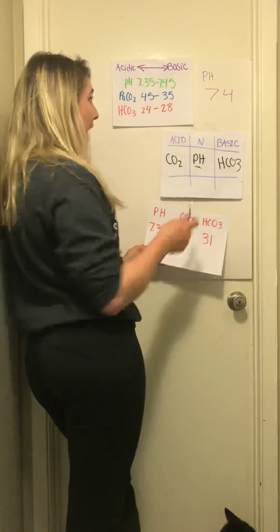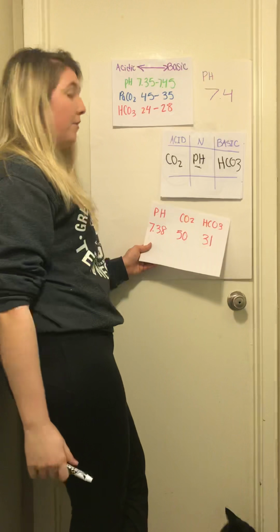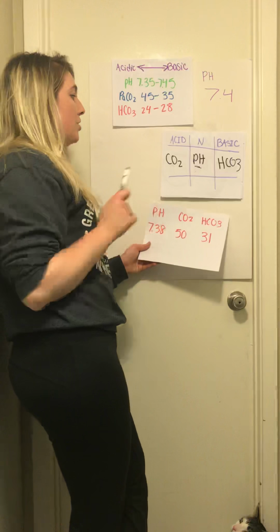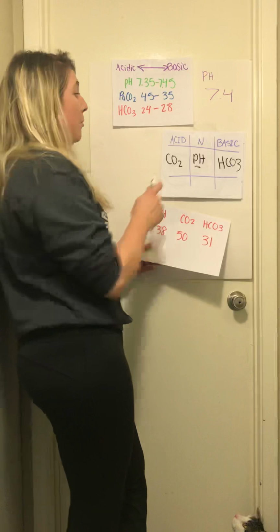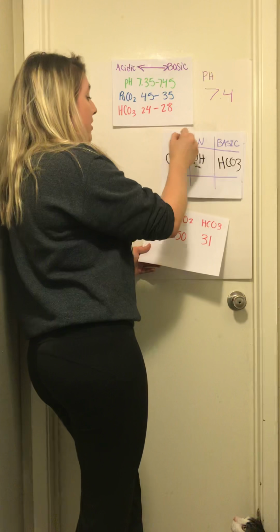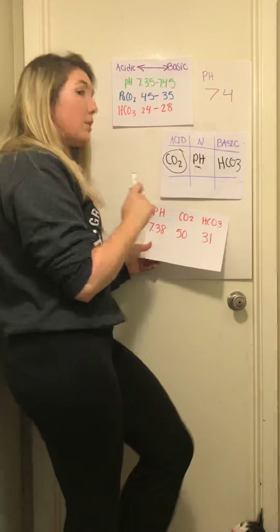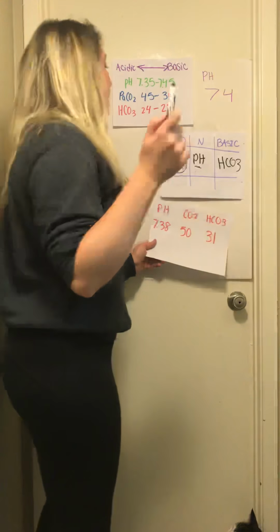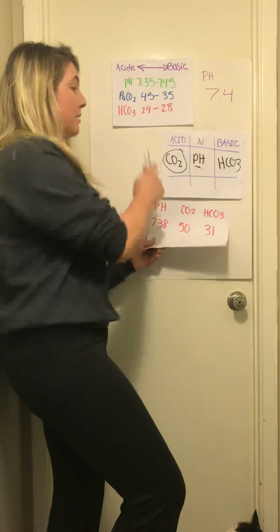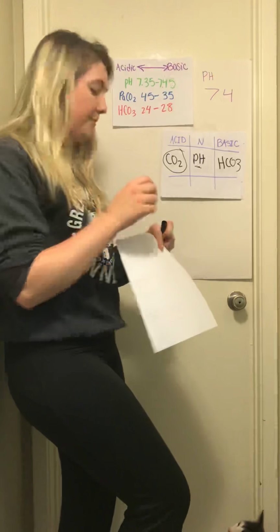Well, 7.38 is less than our 7.4, which is acidic again. So this time, for the acidic one, we have to go with whatever is in here, and it's the CO2 this time. Since CO2 is respiratory, we know that this is going to be a fully compensated respiratory acidosis situation.